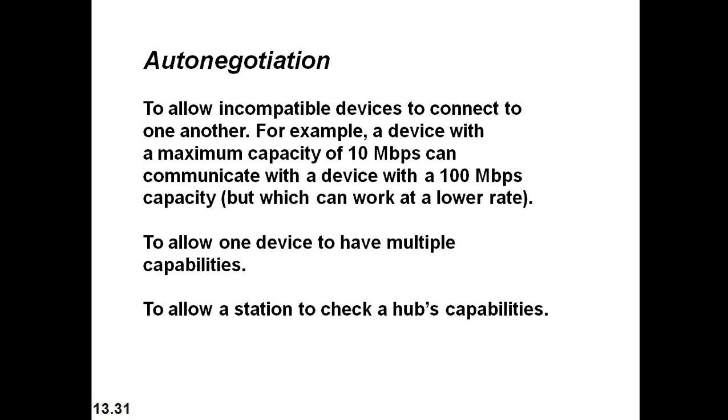Auto negotiation allows incompatible devices to connect to one another. For example, a device with a maximum capacity of 10 Mbps, that is a standard Ethernet device, is able to communicate with a device of 100 Mbps capacity, but that communication takes place at the lower data rate. It allows one device to have multiple capabilities. The third one is that it allows a station to check the hub's capability also.